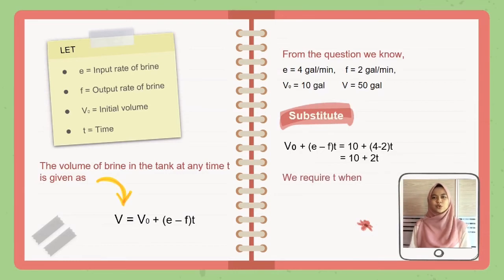Lastly, we require t when 10 plus 2t equal to 50. Then t equal to 20 minutes. Hence, the amount of time required for overflow to occur is 20 minutes. I hope you can understand.